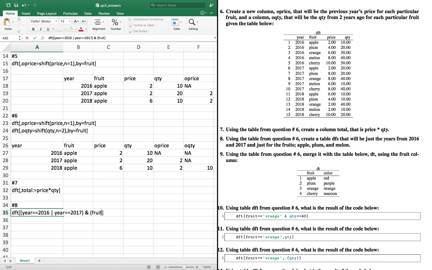Fruit equals apple, or fruit equals plum, or fruit equals melon.